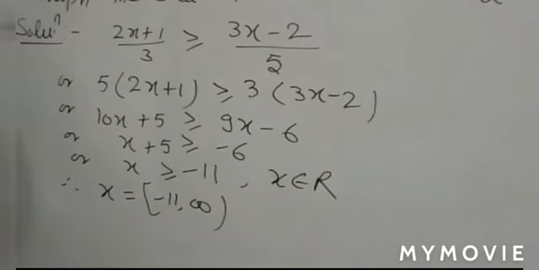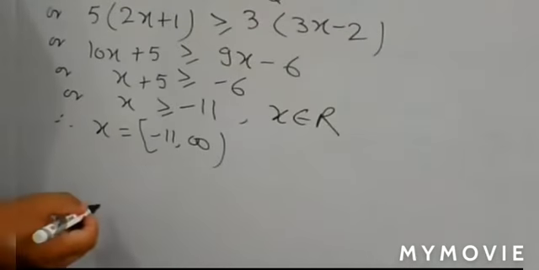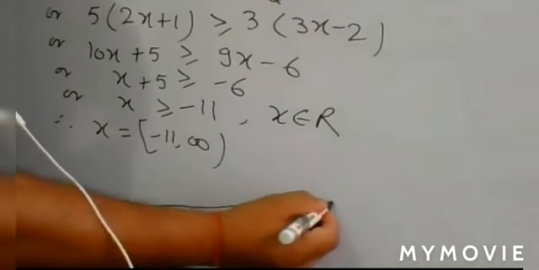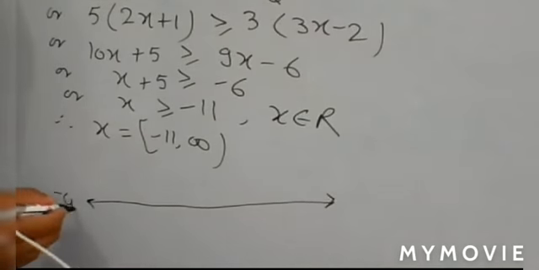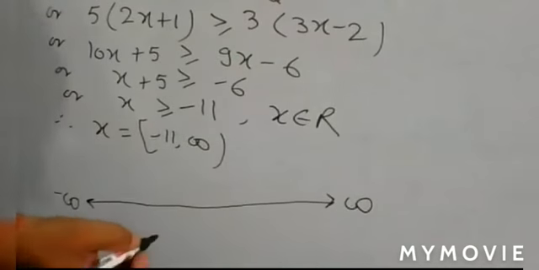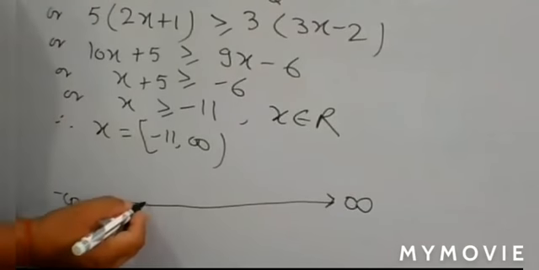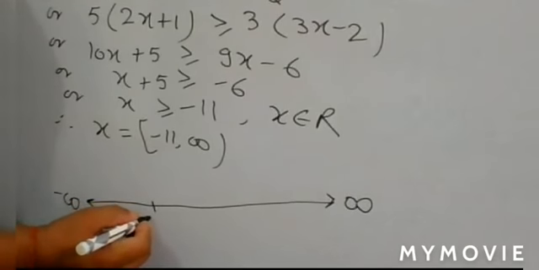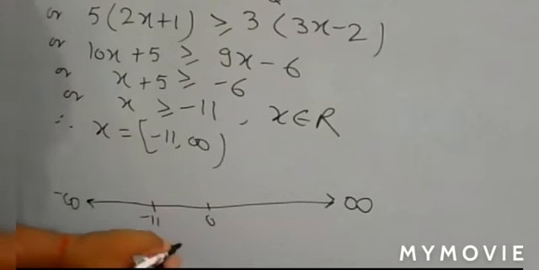Now, if you want to represent the solution set on the number line, what do you do? You have to draw a number line. Here you have minus infinity, and this side you have infinity. Suppose here you have a point which is -11, and no doubt 0 is also there.